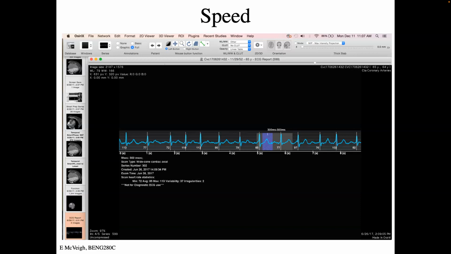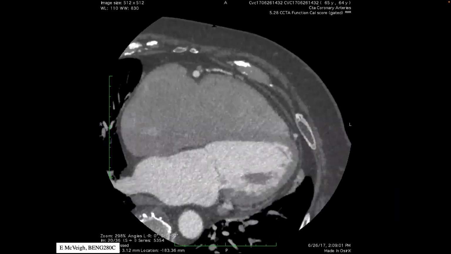In that sense, you can make a movie of what's occurring across this R to R interval. Obviously, the width of this makes that movie a blurred movie, in the sense that each frame is a compendium of data from a temporal width. But it looks pretty darn good.